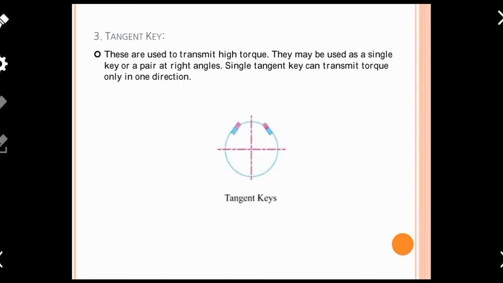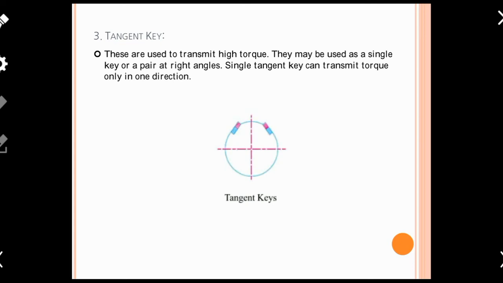Then the third category is known as the tangent key. As the name highlights its function and location, this type of key is generally mounted on the outer surface of a shaft, and it should be mounted tangent to that particular outer surface of the shaft. Basically this type of key is used in pairs, that means two in number, and that's why it is very useful for high and moderate amounts of power and torque transmission.